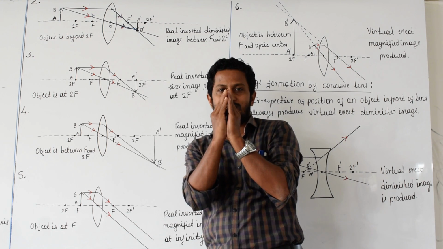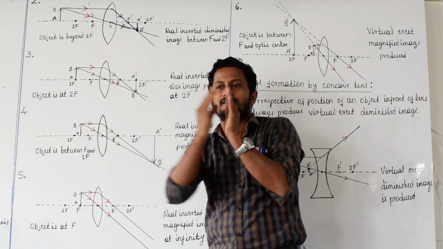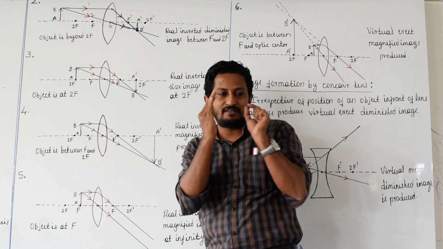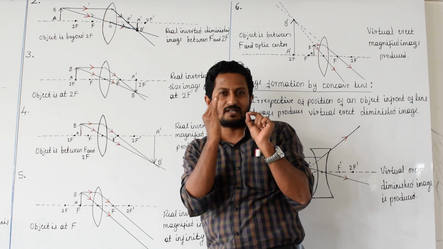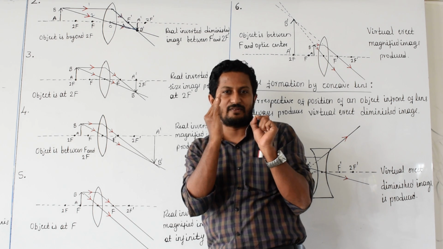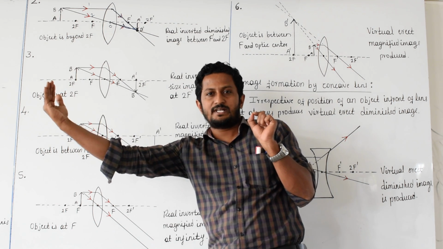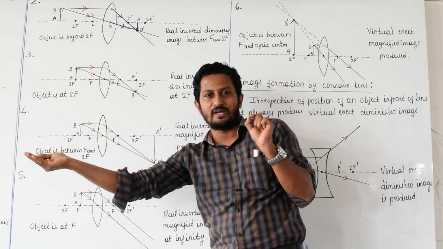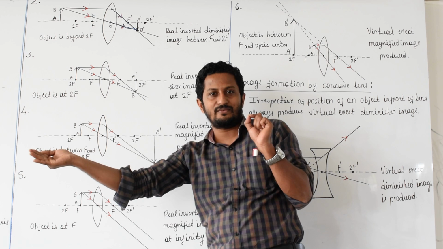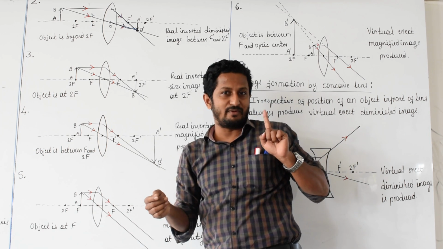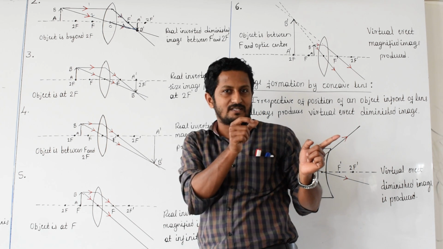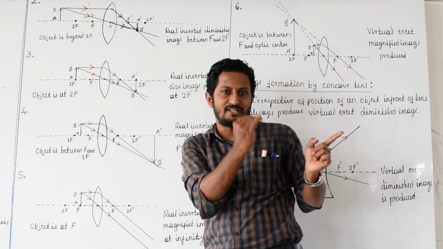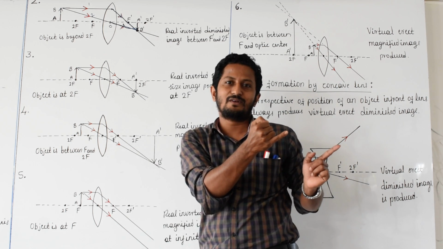This is biconvex lens. In first case, object was at infinity, image was at principal focus. Here, this is principal focus. When object was taken from infinity to somewhere beyond 2f, image produced between f and 2f. It was in previous case at f. In the next case, it shifted between f and 2f.